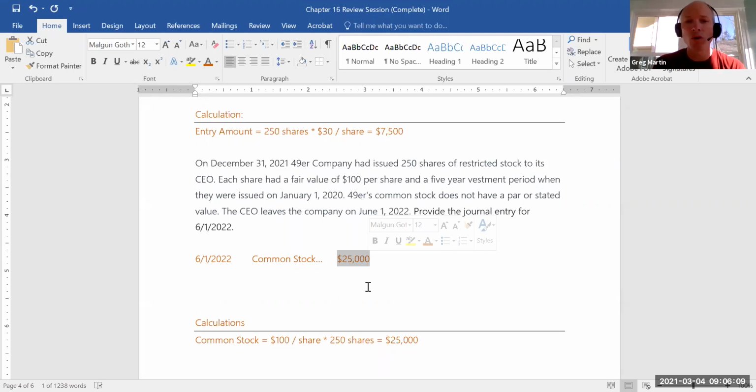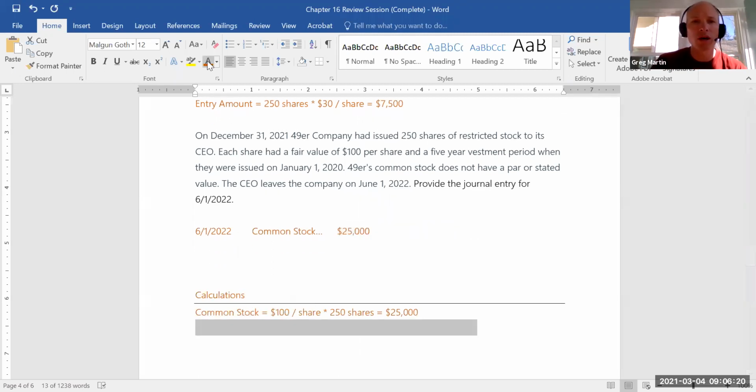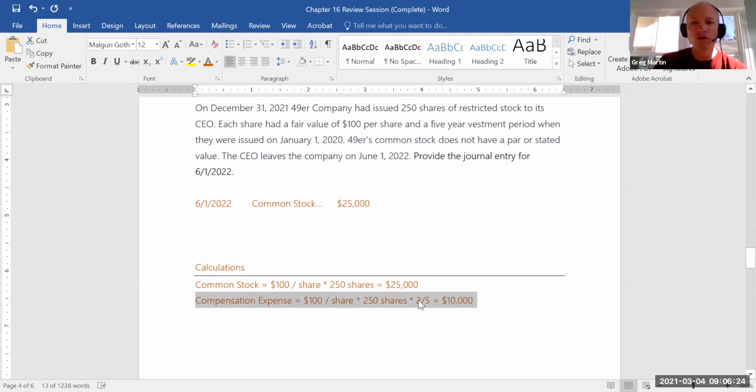2/5 has been recorded as compensation expense. And so when the executive leaves, we need to keep those proportions in mind, because we need to take those amounts off. When we talk about the compensation expense amount, 2/5 has been recorded as compensation expense.